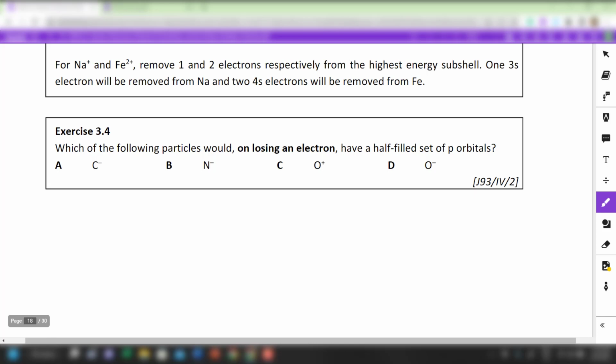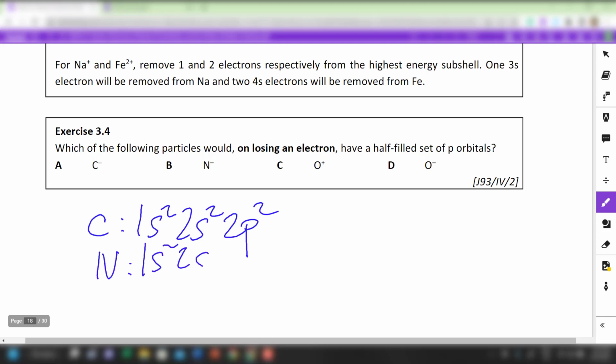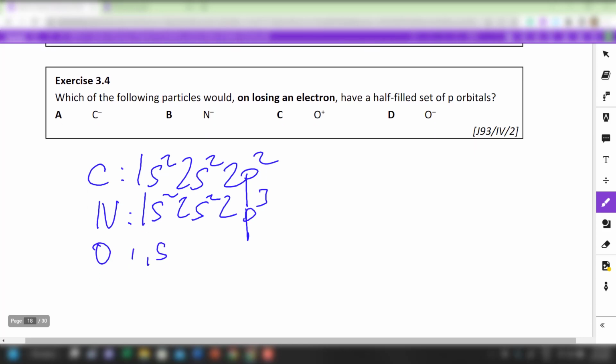The electronic configuration for carbon is 1s2, 2s2, 2p2. For nitrogen, 1s2, 2s2, 2p3. Oxygen will be 1s2, 2s2, 2p4.